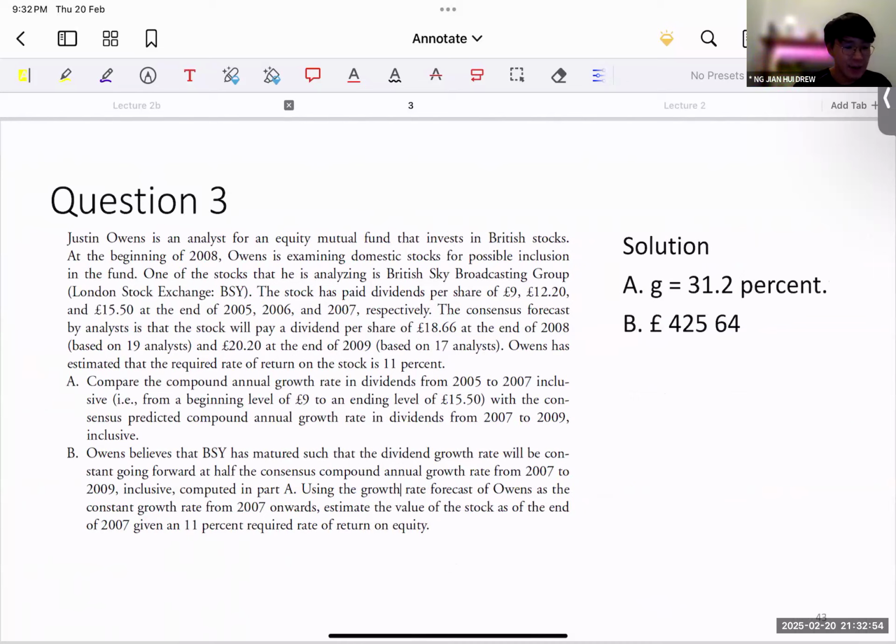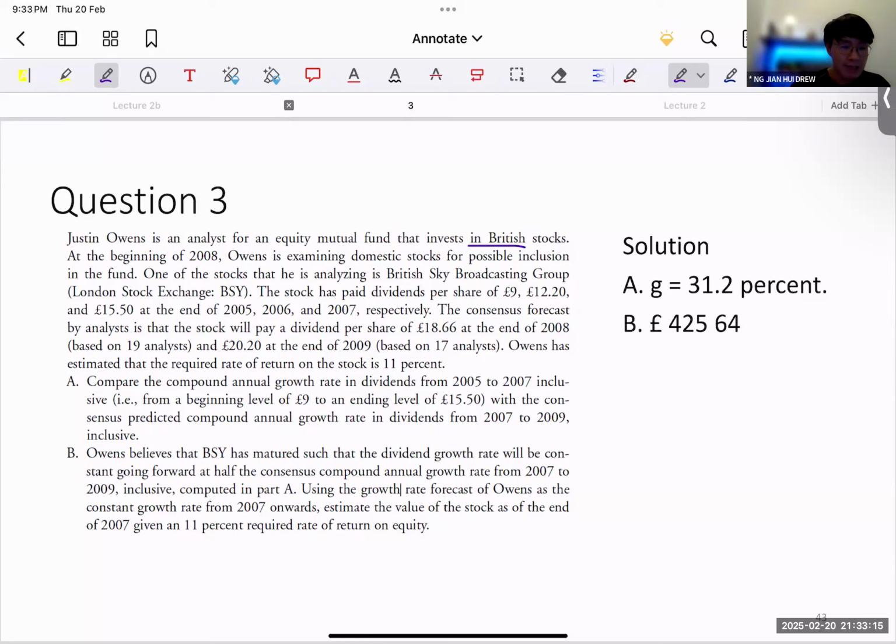Owen is an analyst from an equity mutual fund that invests in British stocks at the beginning of 2008. Owen is examining a domestic stock for possible inclusion in a fund. Okay. One of the stocks that he's analyzing is this company, BSY.